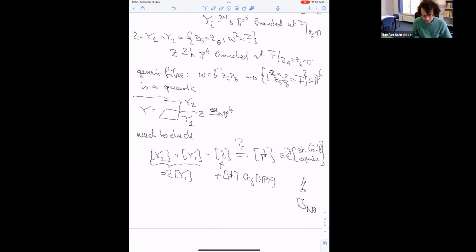And then I would see that in the free abelian group over Z mod 2 that is generated by stable birational equivalence classes, the class of z would be the class of a point. But that means that they are the same because it's a free abelian group, or a vector space, right, over Z2. Is that convincing?